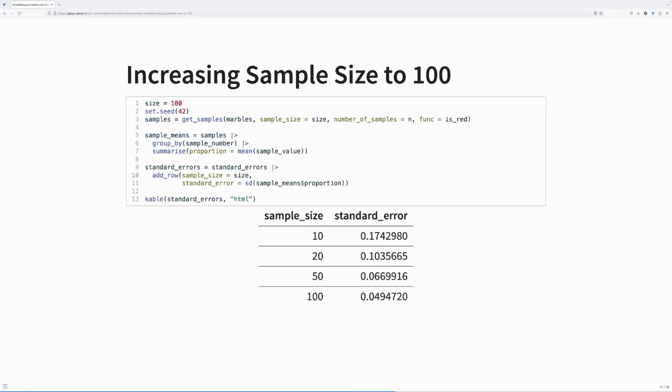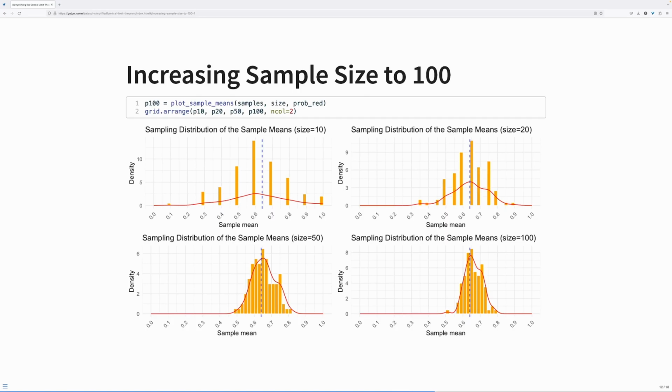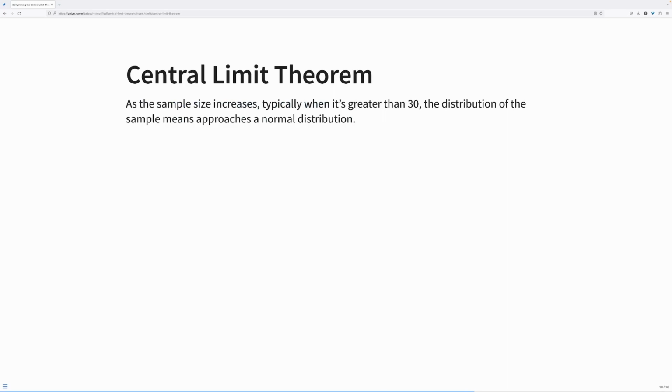With 100 marbles, our standard error decreased to 0.05, and our sample means, when we look at this histogram, snugly fit between 0.5 and 0.8. And our density plot is more bell-shaped. So that's the magic behind the central limit theorem. The central limit theorem states that as the sample size increases, typically when it's greater than 30, the distribution of the sample means approaches a normal distribution.